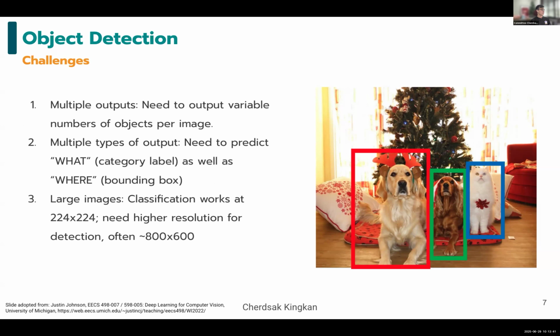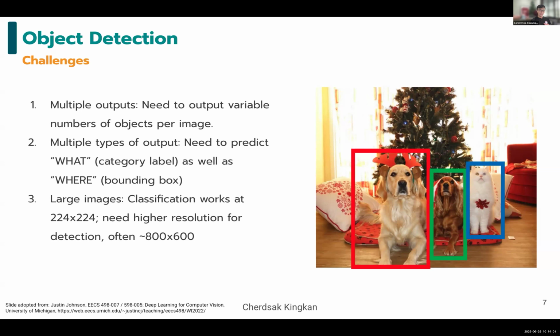And when we are doing object detection, we might face some challenges. For example, there could be multiple outputs, so there is a variable number of objects within the image.